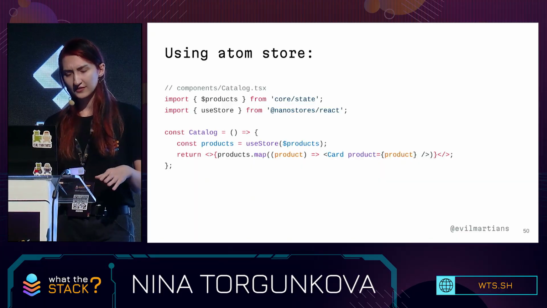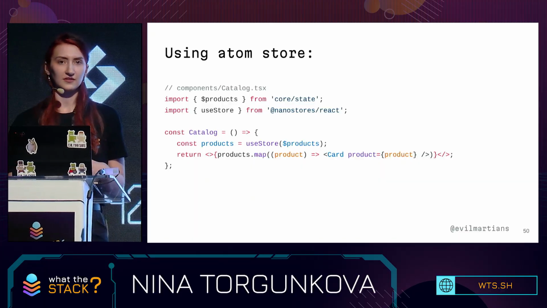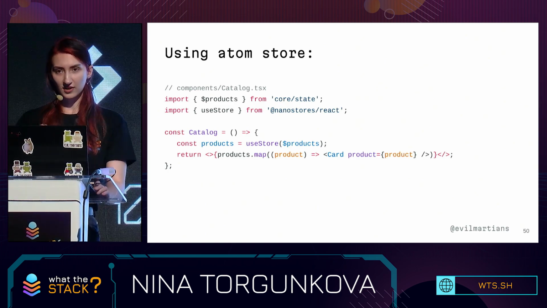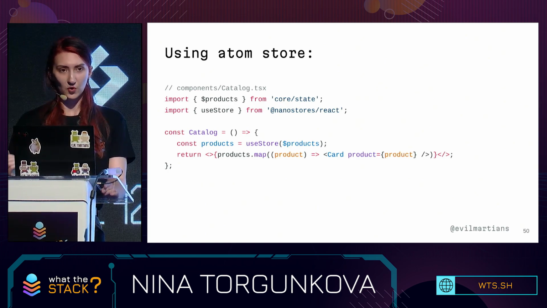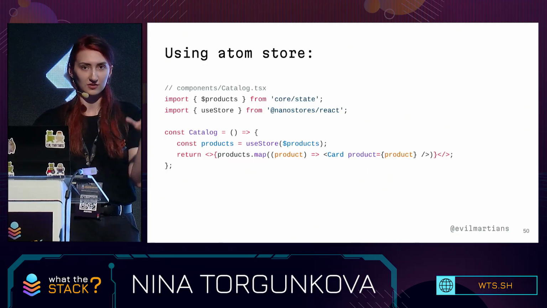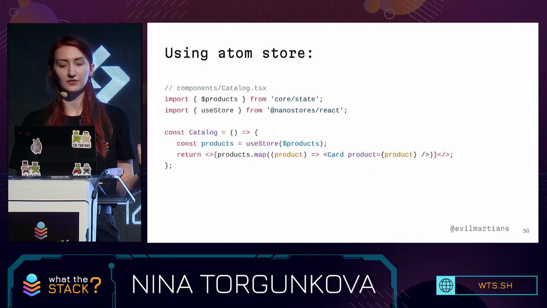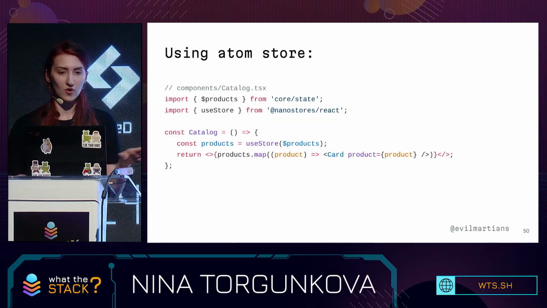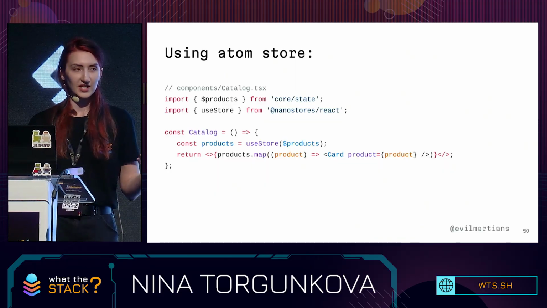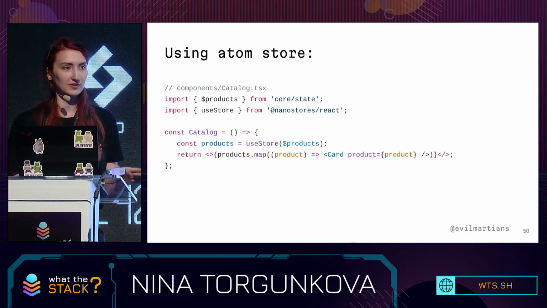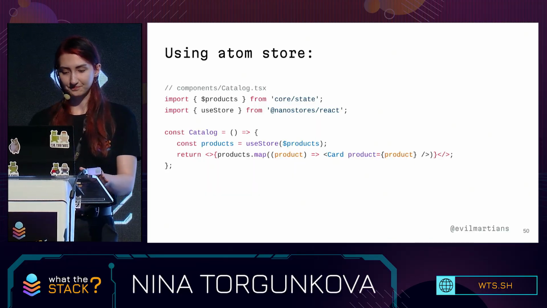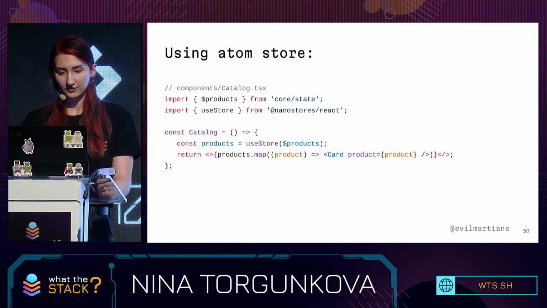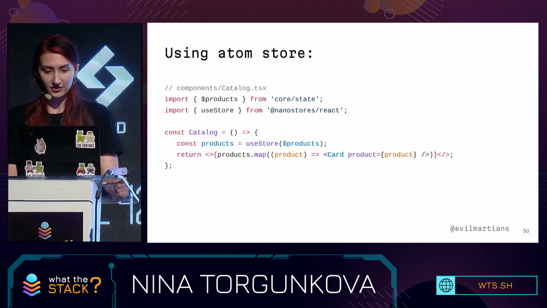This useStore hook is needed so that, if you use a framework, you can subscribe in the component to the store changes and automatically render the component when the value inside the store changes. We support this useStore hook for all modern frameworks: React, Angular, Vue, Svelte, Solid, etc. So here we just subscribe to the store and return the array of cards.